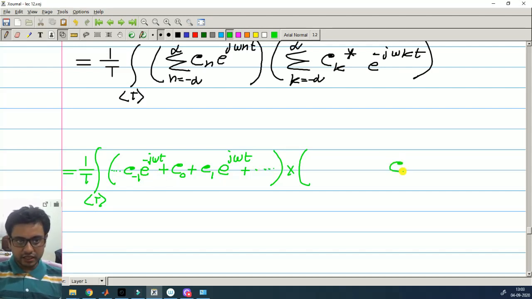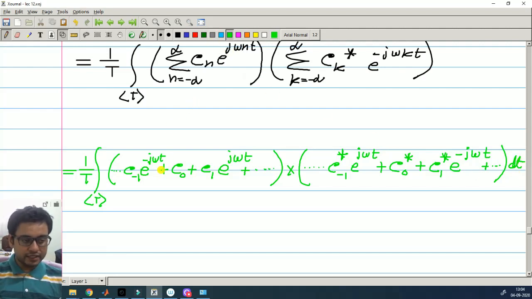Let me write here c0 star, then plus c1 star e to the power minus j omega 1t, plus dot dot dot up to plus infinity, and on the other side c minus 1 star e to the power this will become plus j omega t dot dot dot up to minus infinity.